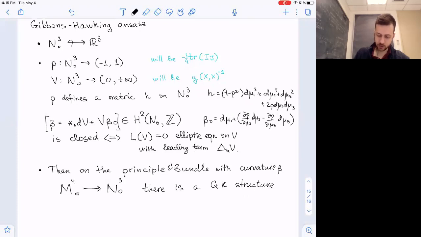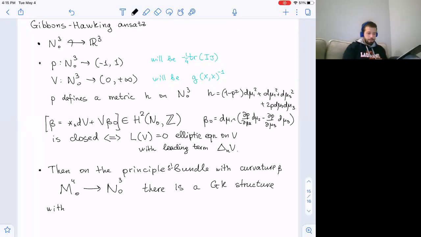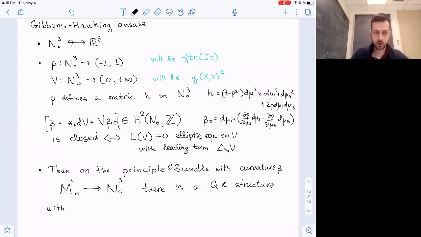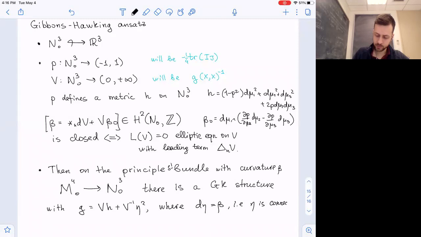So there exists a generalized Kähler structure with explicit metric and explicit complex structure. Maybe I'll write the metric. The metric G is given by V H plus V inverse eta squared, where eta is a connection one form for this principal bundle.